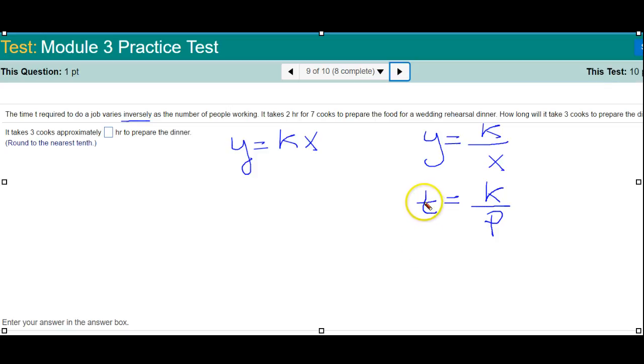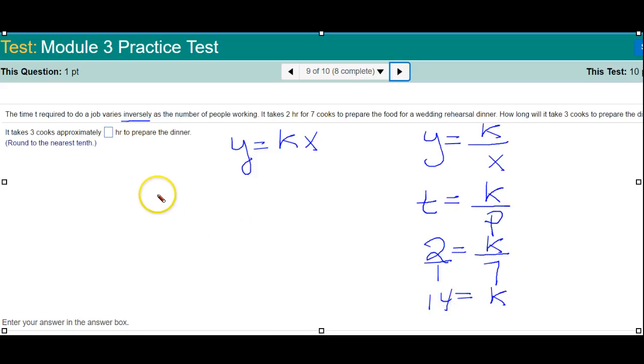So for time, it's 2 hours. And 7 cooks. So instead of people, we could have put cooks there. Now, what we do here, we can just cross multiply, and we find out that our k here is 14.